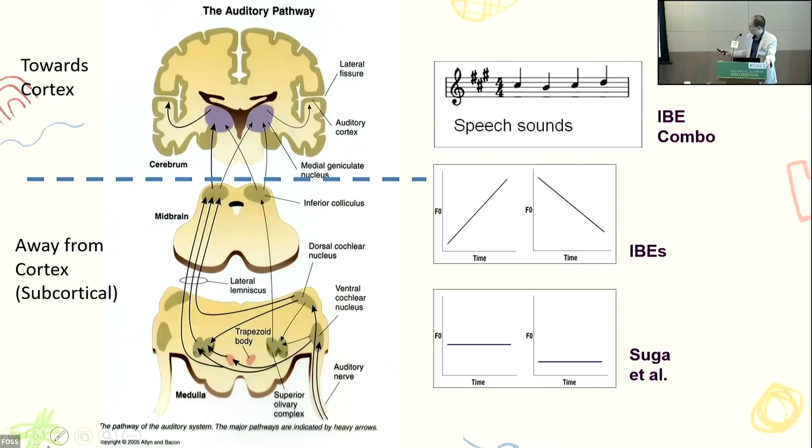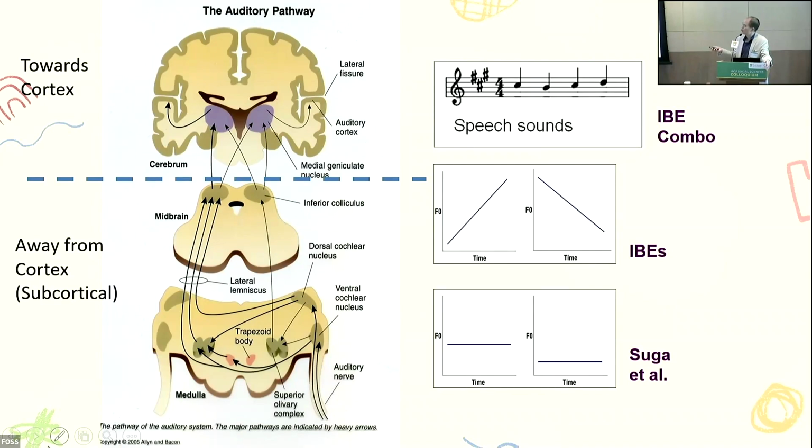And neurophysiologists would tell us that when we go up this auditory pathway from the ear to the auditory cortex, we can see neurons that are sensitive to increasing complexity of the auditory signal. So for example, if you look at neurons in the periphery, you can see neurons that are sensitive to high pitch or low pitch.